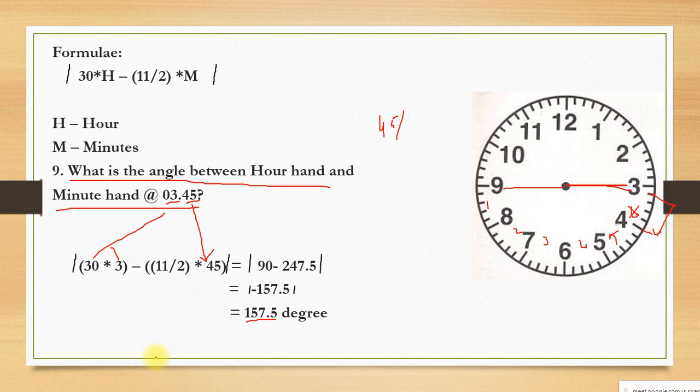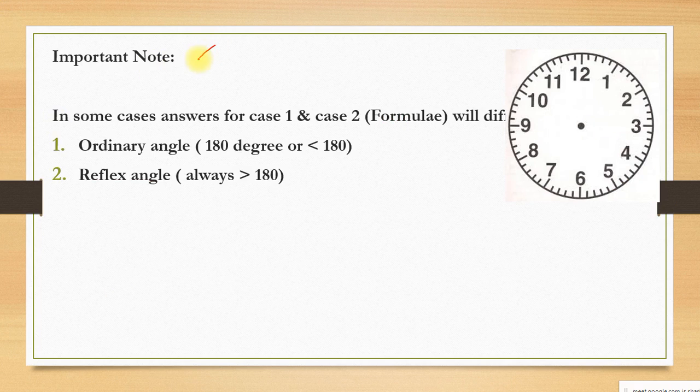So now let me tell you a very, very important concept. This is very, very important. The reason is, sometimes the answer which has been solved by the note method and by the formula method may differ. So in some cases, the answer for case 1 and case 2 will differ. To learn about this, I am going to speak about two angles.